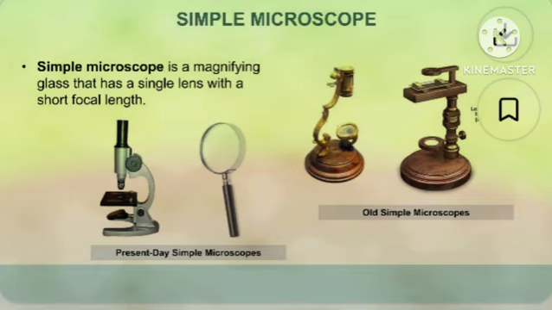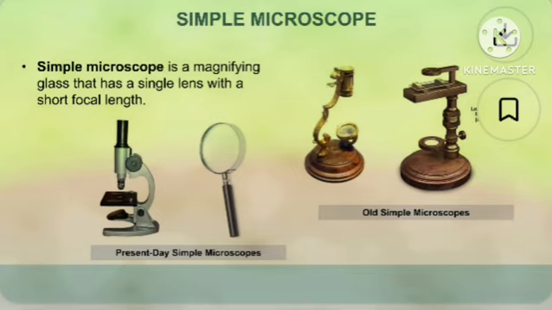So next slides on light microscopy. A light microscope is an instrument that uses visible light and glass lenses to magnify specimens.